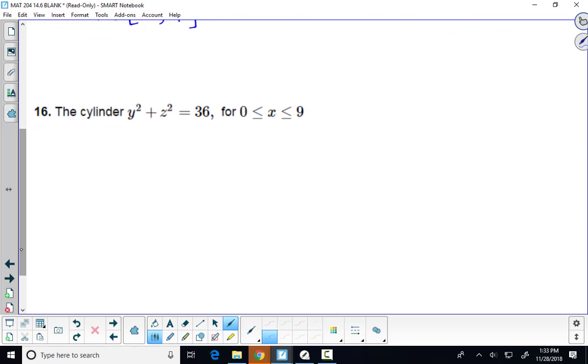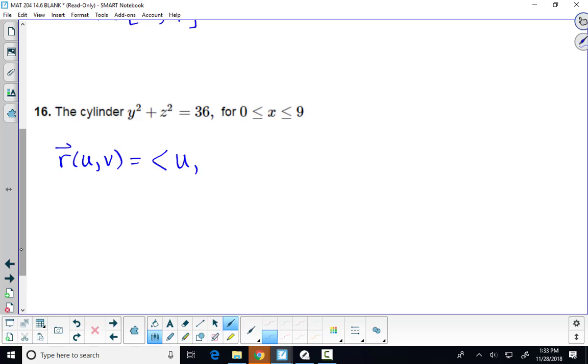All right, so this cylinder, there's no X in it, so we know that it's pulled in the X direction. So R of U comma V, there's no X in there. That is going to be like the easy variable. They just tell us X goes 0 to 9. So let's let that be, what do you want to let that be? U. Okay, so that means we're going to use V for the angle this time.